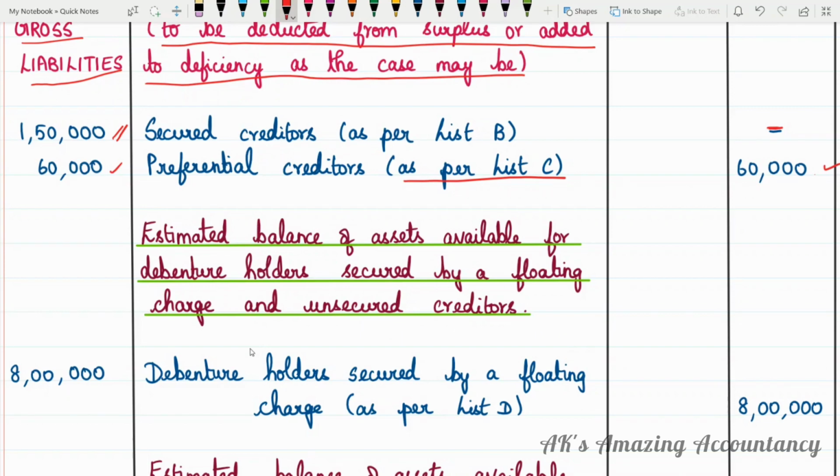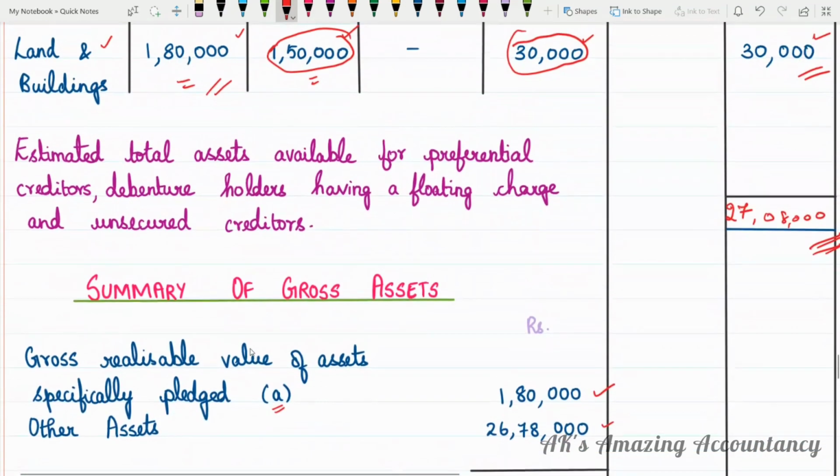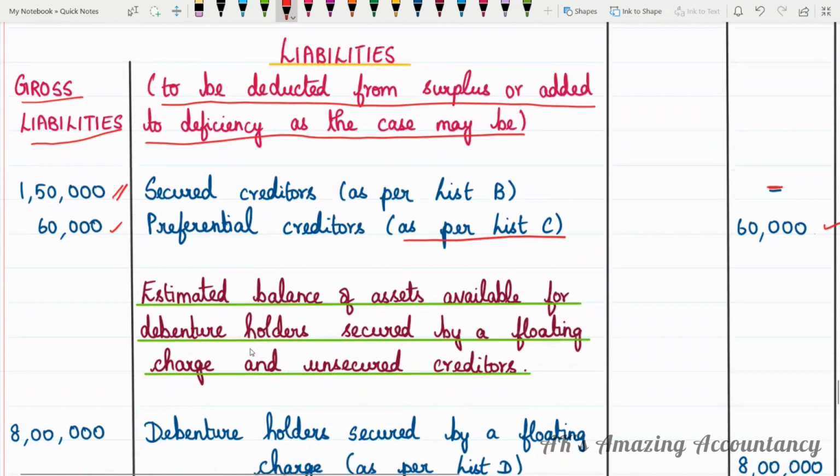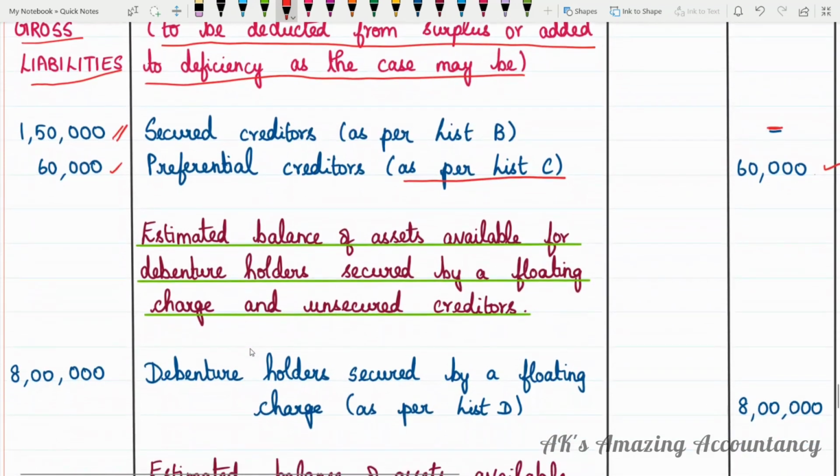60,000. Now, what is the surplus or the total assets which you had as available for preferential creditors, debenture holders, and so on? It is 27 lakhs 8,000. From this 27 lakh 8,000, you'll be making a payment to the preferential creditors to the extent of 60,000.